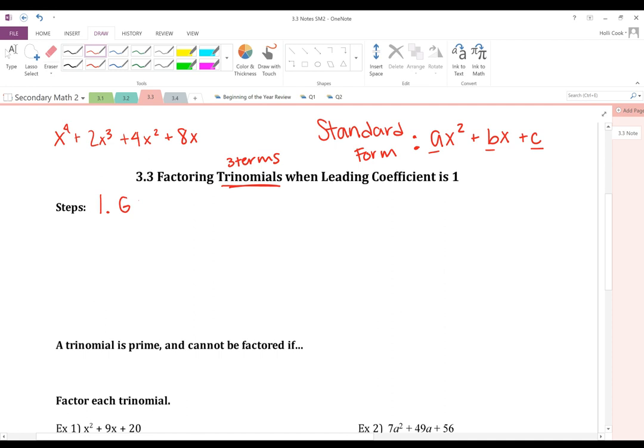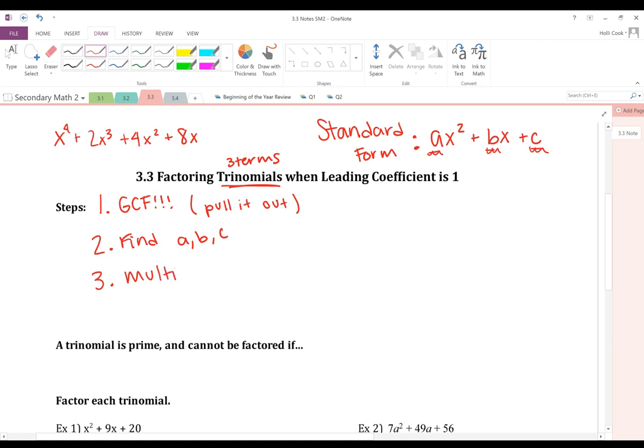Okay, so our steps for factoring are really similar to 3.2 factoring. The first one we're going to do is check for a GCF. If we have a GCF, you're going to pull it out, so divide it away if you have one. Your second step is you're going to find A, B, and C, from your standard form.